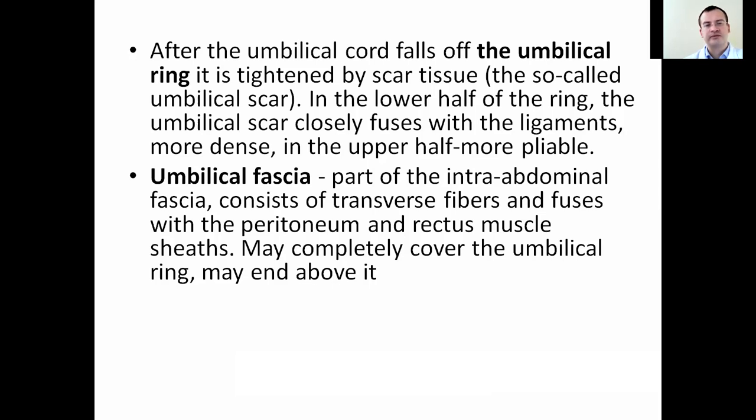In the lower half of the ring, the umbilical scar is closely fused with the ligaments and is more dense; in the upper half, it is more pliable. The umbilical fascia, a part of the intra-abdominal fascia, consists of transverse fibers and fuses with the peritoneum and rectus muscle sheaths. It may completely cover the umbilical ring, or may end above it.